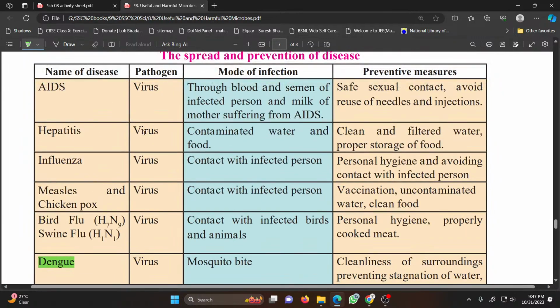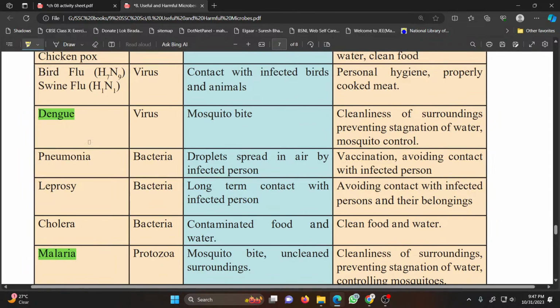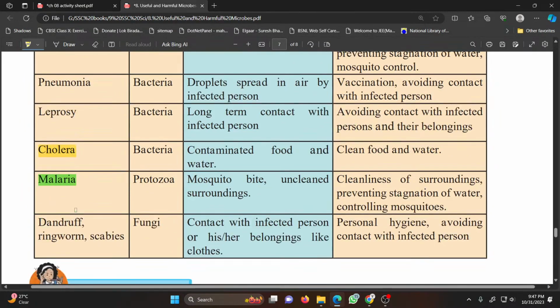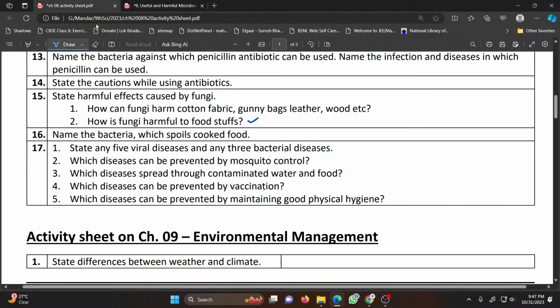So we have to look for the mode of infection. Hepatitis spreads through contaminated food and water. Cholera spreads through contaminated food and water. So these are the two diseases, cholera and hepatitis.